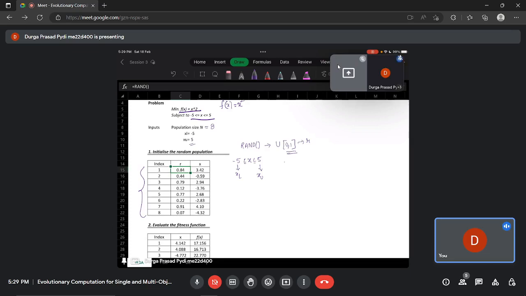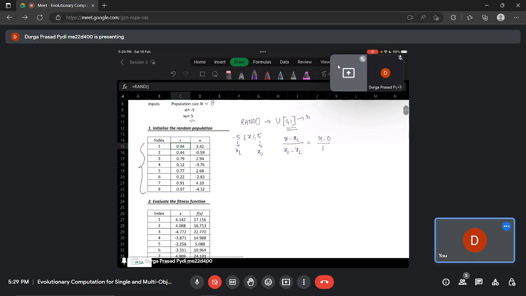Say some value x, x minus lower limit divided by x upper limit minus x lower limit, will be equal to the similar value r over here minus lower limit, which is essentially 0, divided by 1. So x will be xl plus the random number you have generated times xu minus xl. So using this particular equation, we get all these values of x.